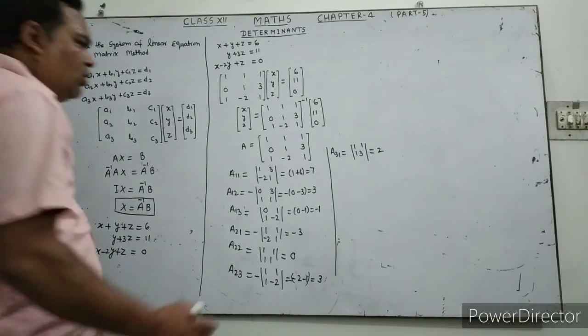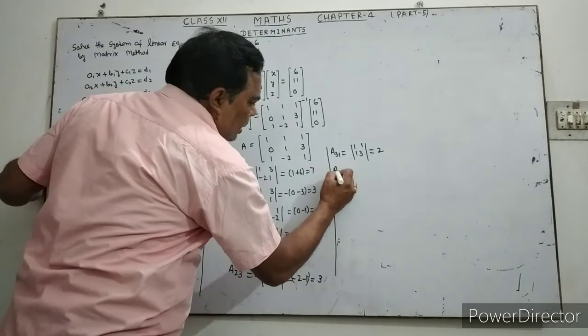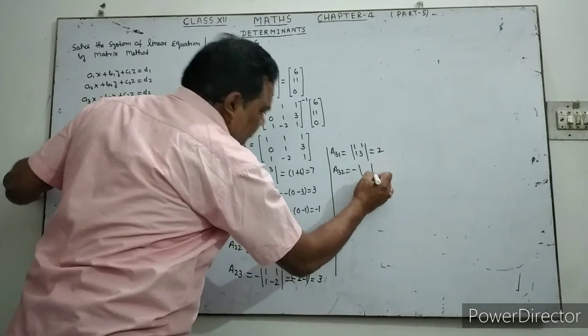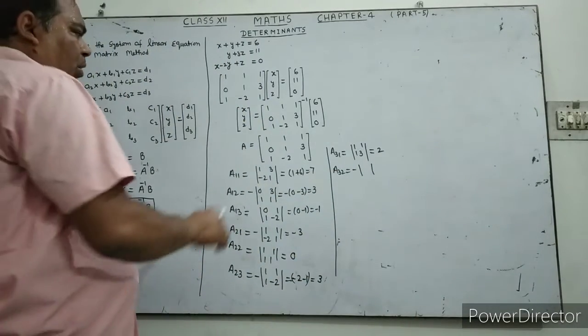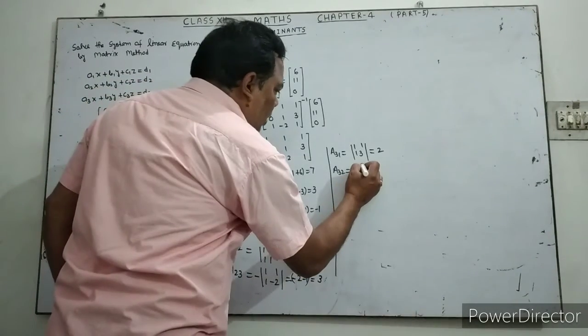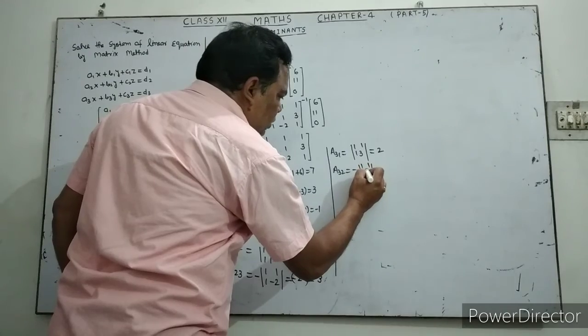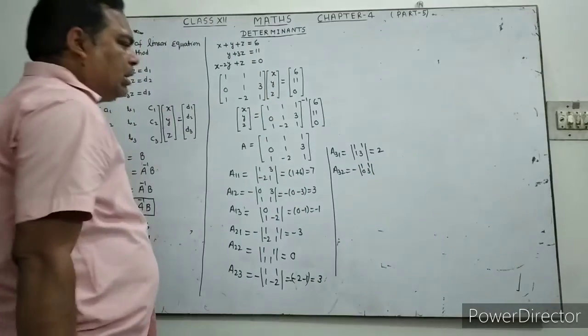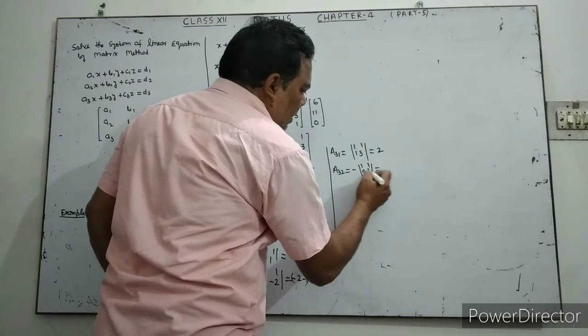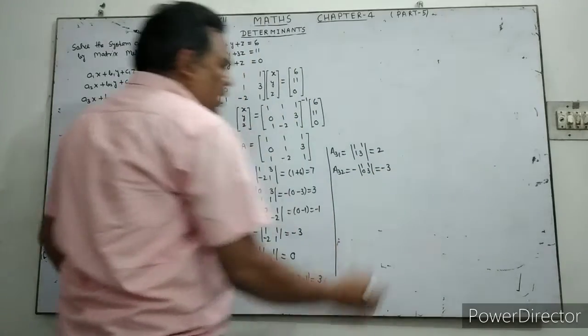A32 is minus. Now forget this row, this column. Then what is the value? 1, 1, 0, 3. And this is minus 3. 3 minus 0, minus 3.